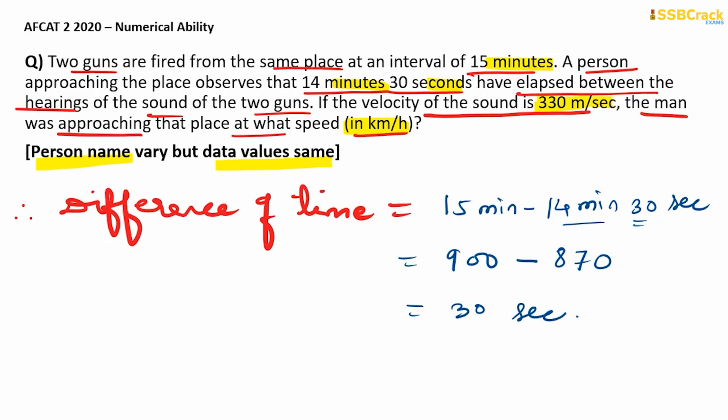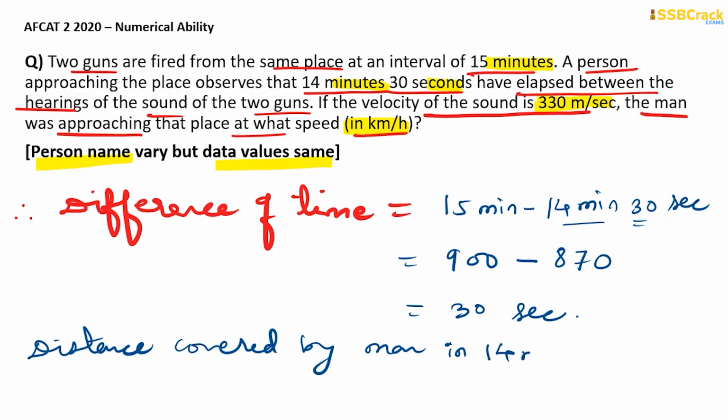Now we can easily calculate the distance covered by the man, with this hearing of the elapsed sound. So we shall find the distance covered by the man in the time that is 14 minutes 30 seconds that he heard the firing.